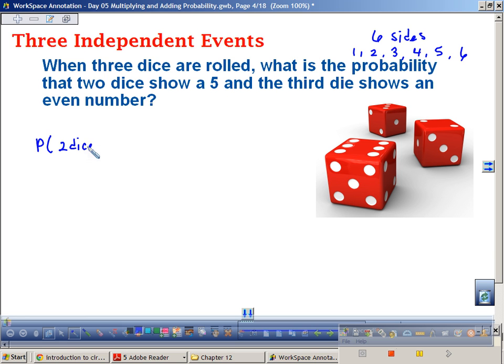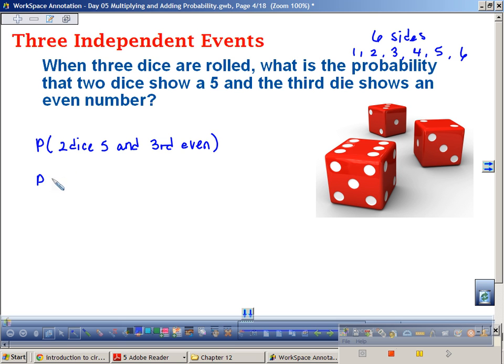2 dice show a 5, and the third is even. All right, so we've got to look at these all as separate events, right? So the probability, because each one of these die are separate events.